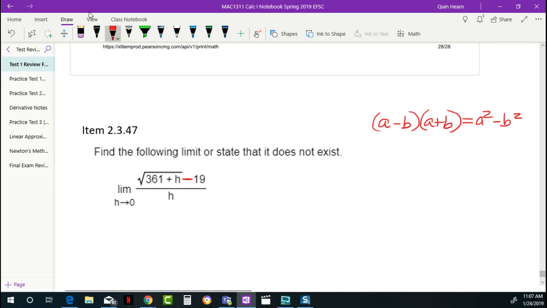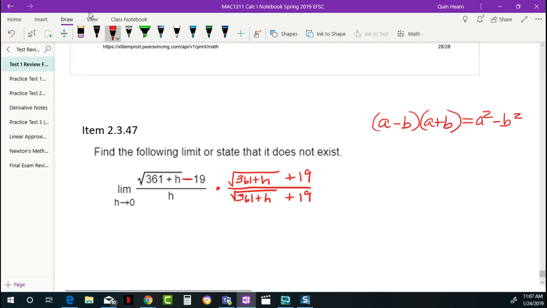In this case, we would have the square root of 361 plus h, plus 19 as the conjugate. Conjugate is the same two terms, but with the opposite sign in the middle. We can't just multiply because we want to, but what we can do is multiply by 1. So I'm going to multiply by that value over itself. I'm not changing the value of the expression, just the way it appears.